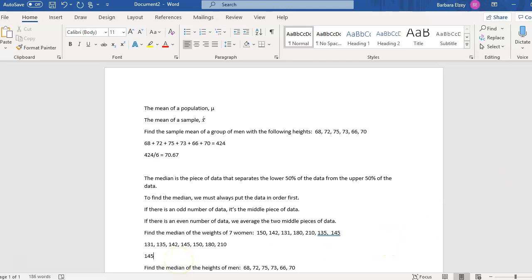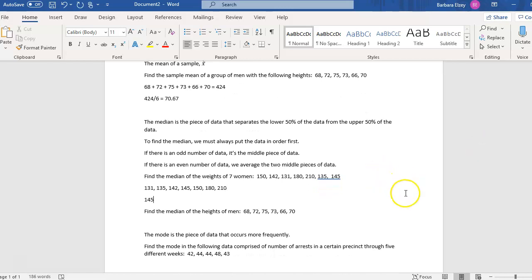All right, so let's look at an example where we have an even number of data, as we did with the heights of the men in the example above. We're going to find the median of these heights of men, but just as we did with the last one, we're going to put them in order first. So let's see, we have 66, 68, 70, 72, 73, 75.